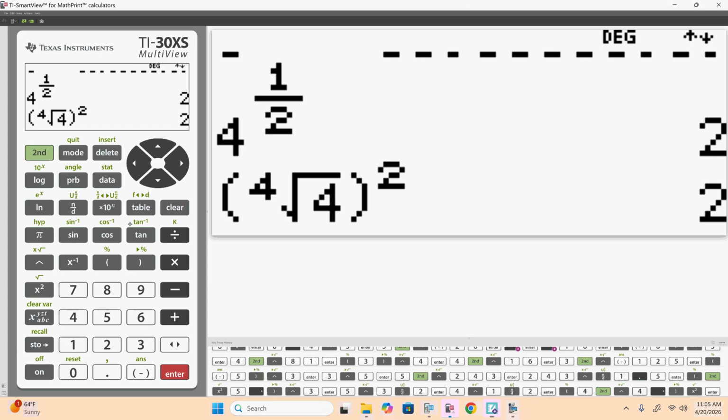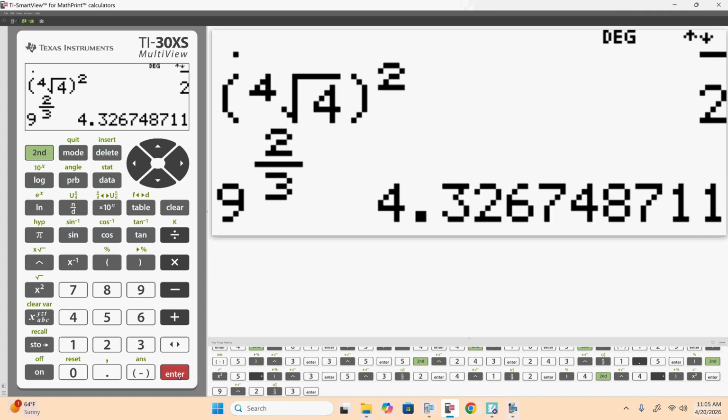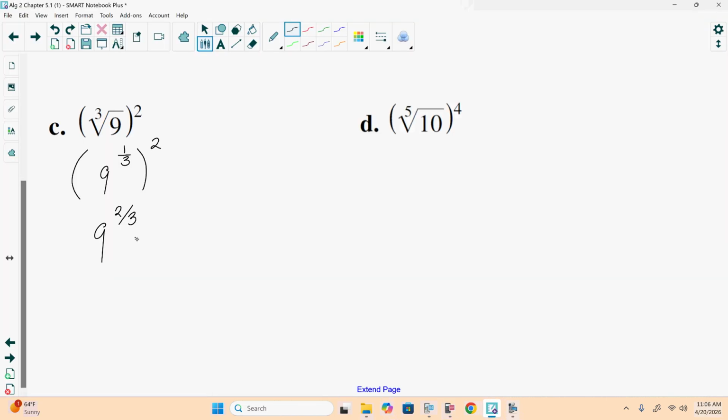And at this point here, we can plug it in. 9 to the 2/3 is 4.327. Questions on this here? Questions on anything we've done so far?